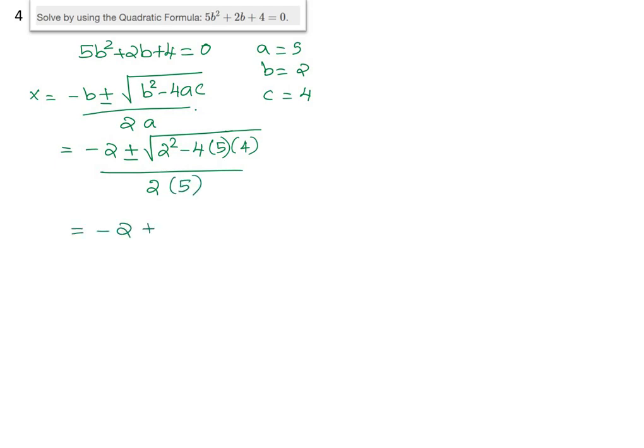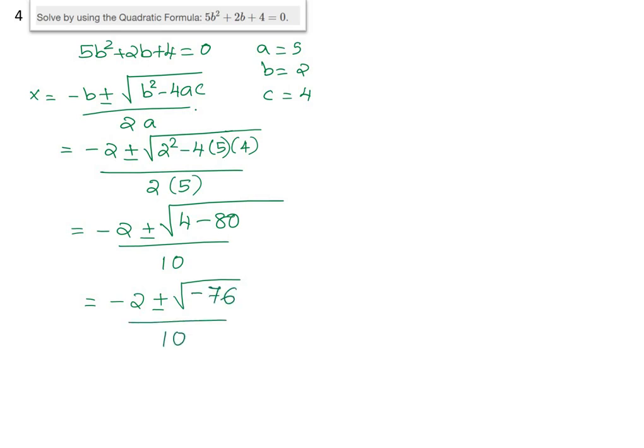Negative 2 plus or minus the square root of 2 square, which is 4, minus 4 times 5, 20, times 4, 80, divided by 10. That is negative 2 plus or minus the square root of 4 minus 80. That is negative 76 divided by 10. Oh, there is a negative sign inside the radical.